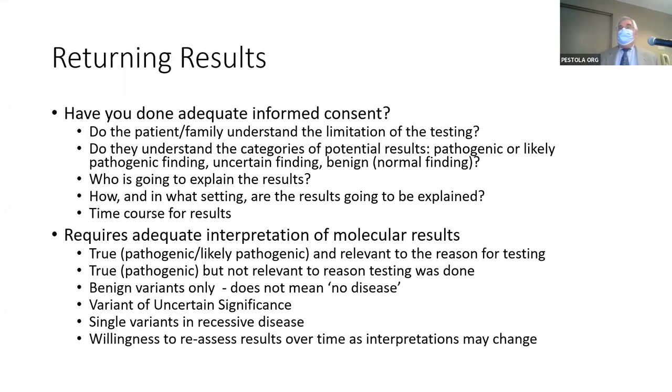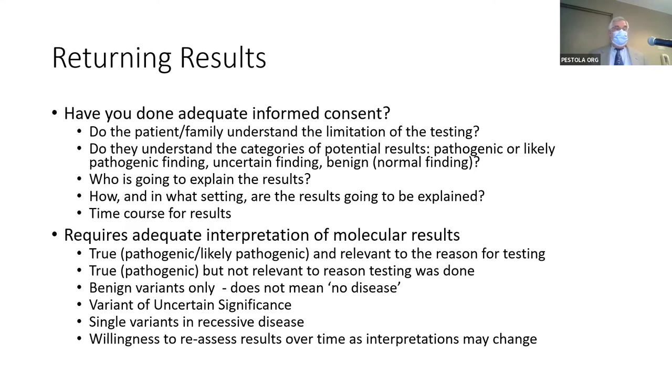So if you've done a test and you feel confident you ordered the right test, now you have to get results back. So the first thing, I run into this all the time, seeing results from outside, have they given informed consent? Does the family understand the limitations of the testing that you're doing? Do they understand the categories of results?